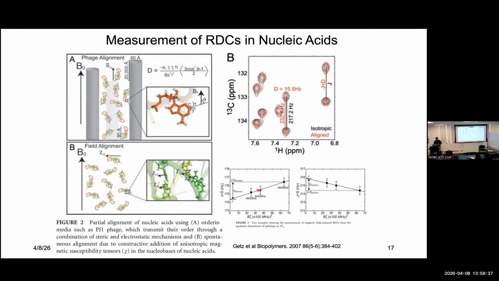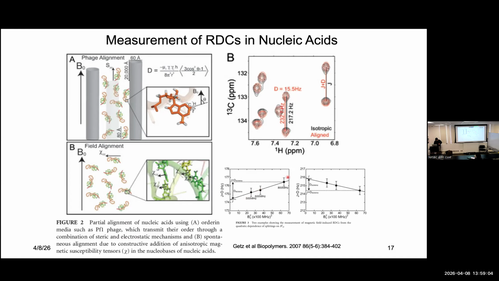But when it comes to magnetic alignment, you have to measure the splitting as a function of field, something that we can readily do here at MISDC, thanks to the availability of all the different fields. And your splittings are not isotropic. So for anyone who's ever measured a J coupling value on a nucleic acid at higher than 600 megahertz field strength, rest assured that J coupling has a dipole contribution of some sort.